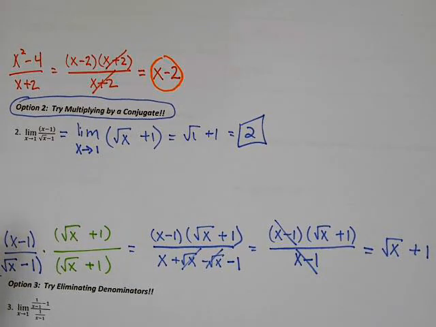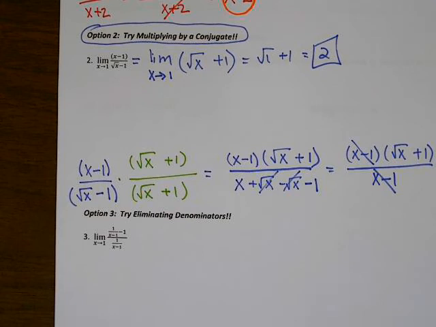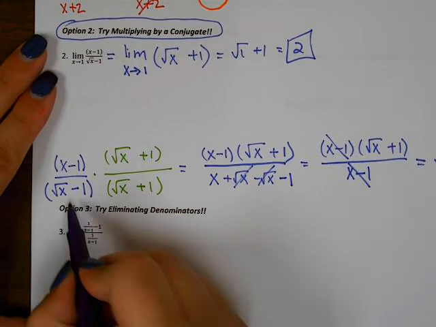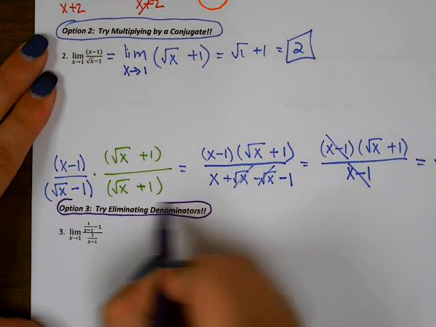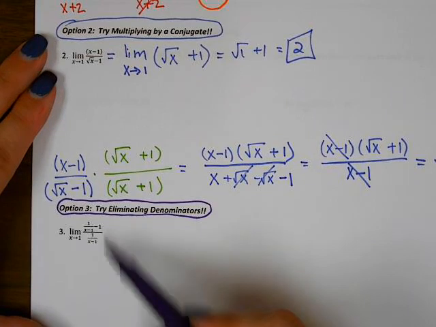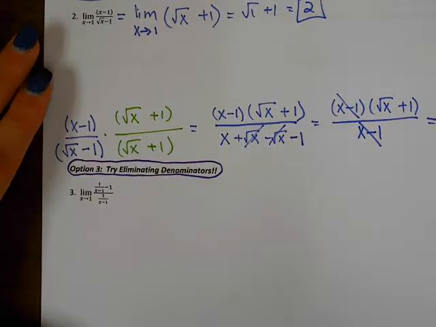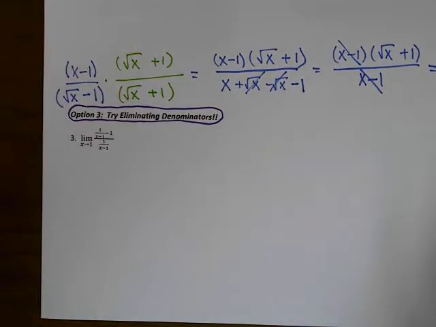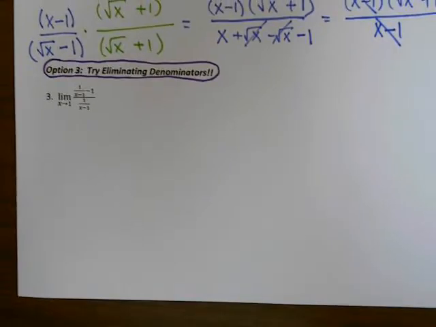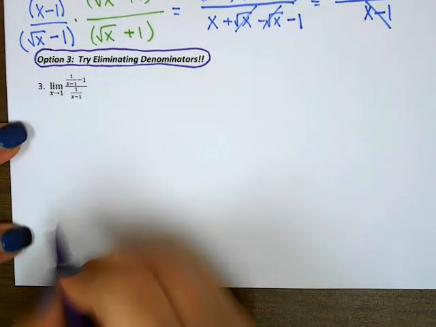All right, one more thing that we can try if we're not able to substitute is to try eliminating the denominators. So if you see this crazy fraction in a fraction, we know that that's a place for us to try and eliminate the denominators. So, I'm going to rewrite my complex fraction here.